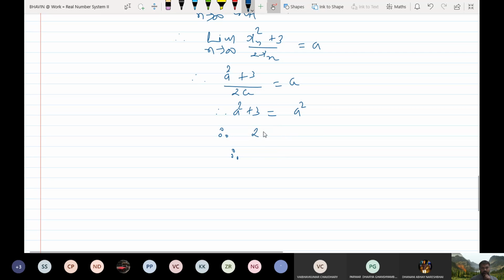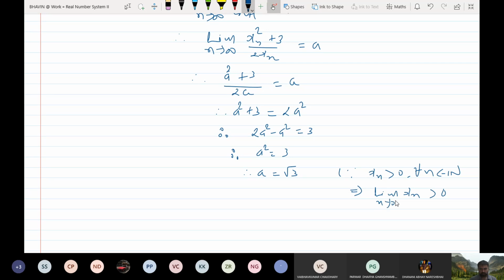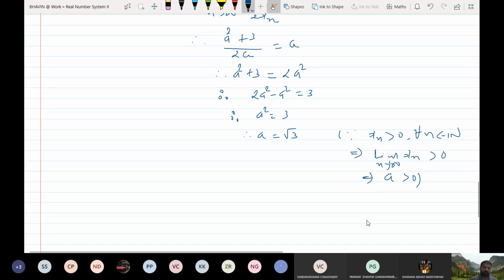So this is nothing but, therefore a equal to root 3. Reason is this: a is positive, xn is positive. Reason is this: xn greater than 0 for all n in N. This implies that limit of xn is greater than or equal to 0. We assumed that limit of xn is a.